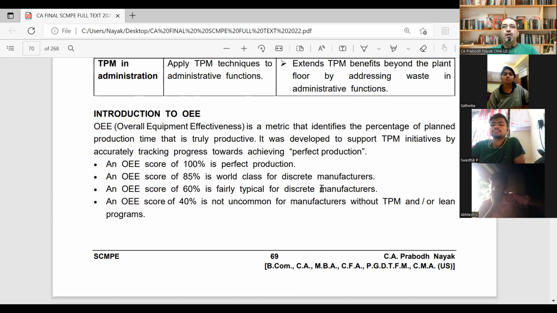That means your machine may be working continuously, but actively productive, how many hours? Your machine is working continuously since the time you enter the factory till the time you leave the factory. So for 8 hours or 9 hours, you can say the machine is working. But of 9 hours of working, how many hours are actually used by the machine for productive purpose? It may be working only for 6 hours, giving you the production.